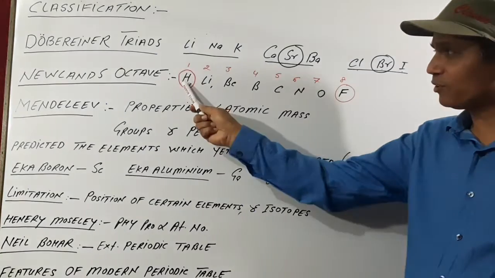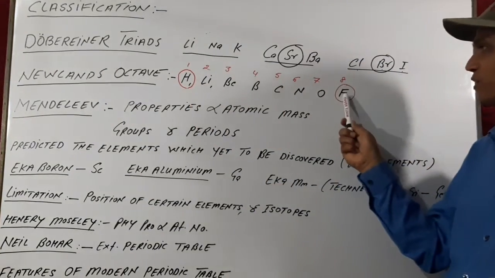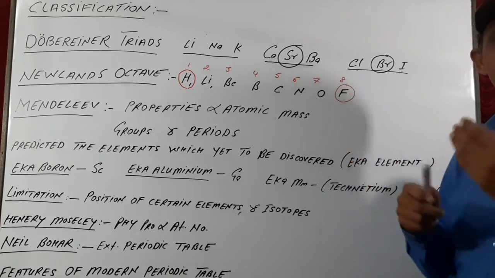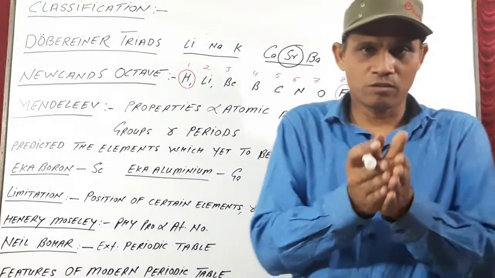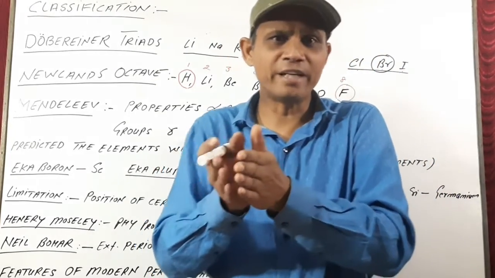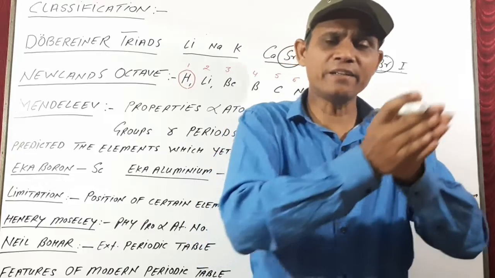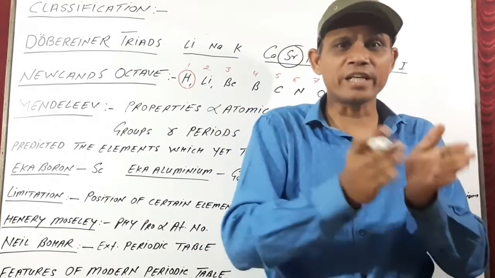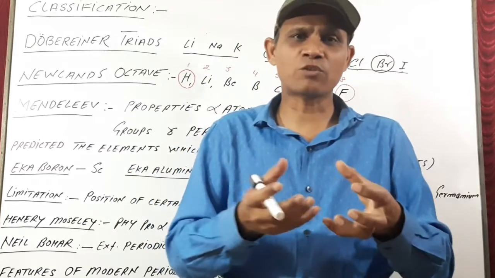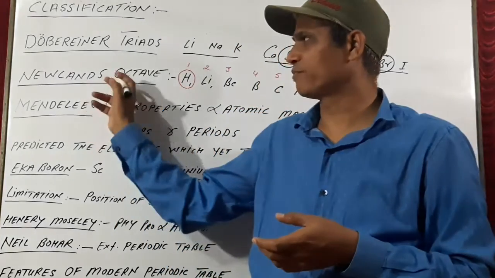So, the property of hydrogen resembles the property of fluorine. So, in this way, Newlands made a set of eight elements in which the eighth element resembled the first element. That was called Newlands octave.